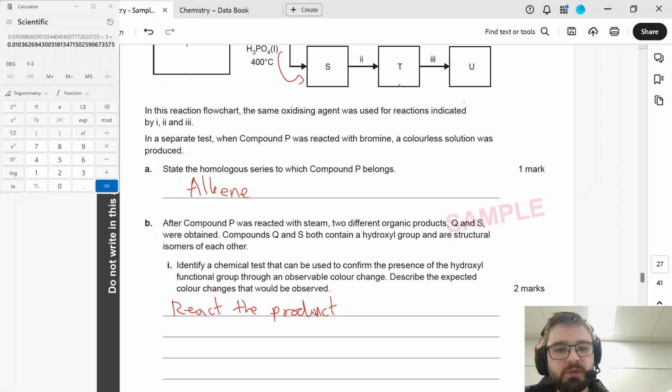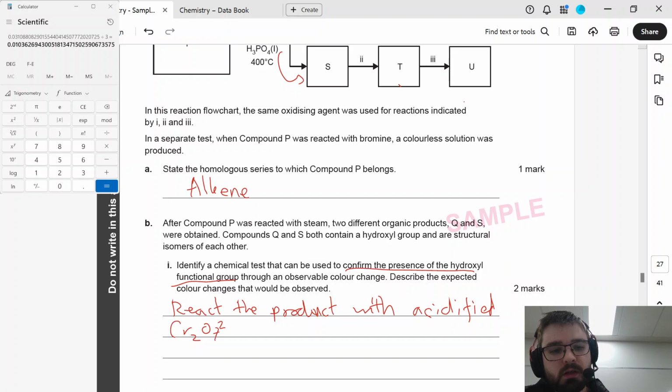Oh yeah, it's just confirming the presence of the hydroxyl functional group, so we don't need to say secondary versus primary. So react the product with acidified dichromate. I'll give them a salt just in case they're in a bad mood that day.